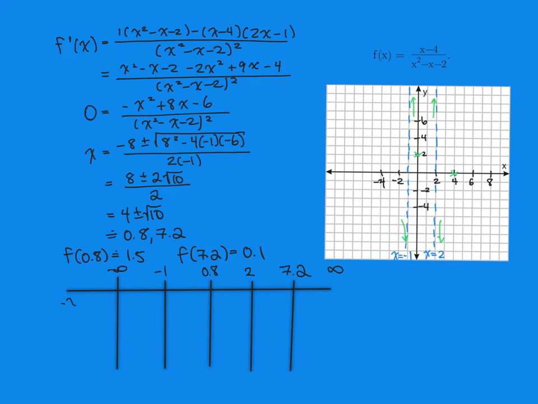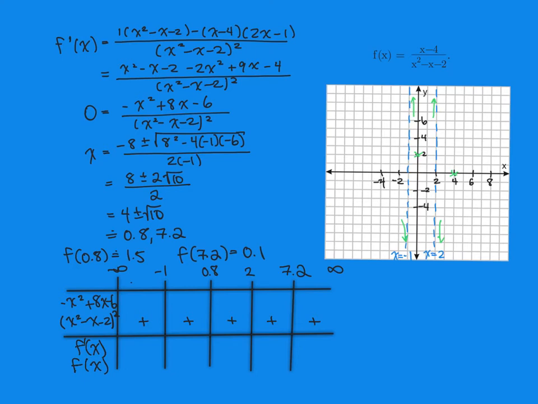And since the numerator is not factorable, I'll just use that as a whole factor, and then the denominator, which of course, because it's squared, will always be positive no matter what value you're testing. And then we consider what that tells us about the derivative in total and what it tells us about the function.